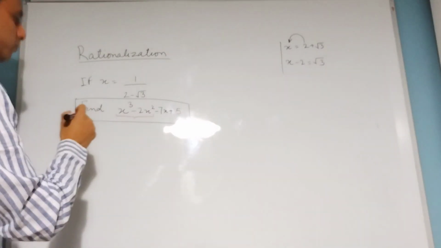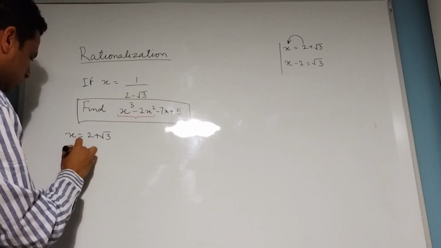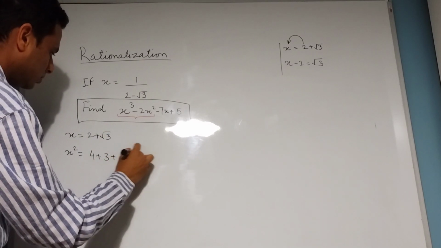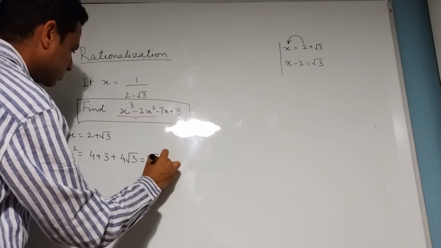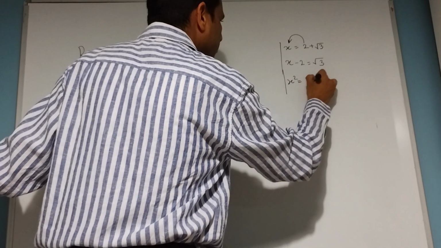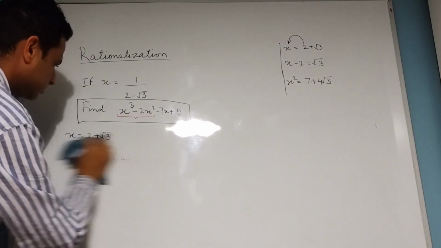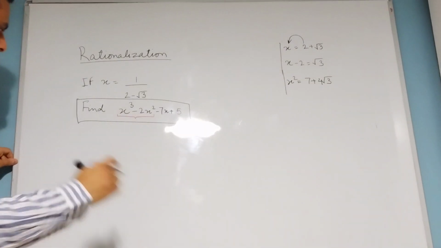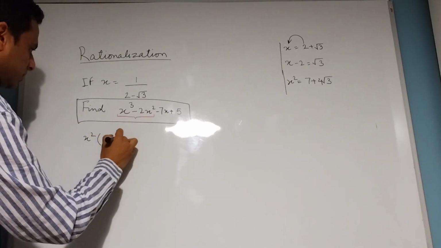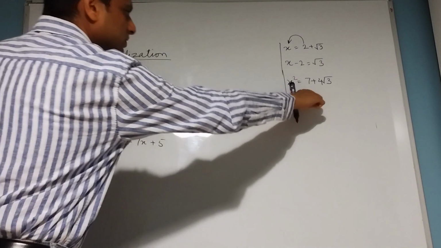So if x equals 2 plus root 3, then x squared equals a squared plus b squared plus 2ab, which is equal to 7 plus 4 root 3. I'll write down the value of x squared here: 7 plus 4 root 3. Now my life is very simple here. We discussed that I can take x squared as common, x minus 2, minus 7x plus 5. x squared is 7 plus 4 root 3.